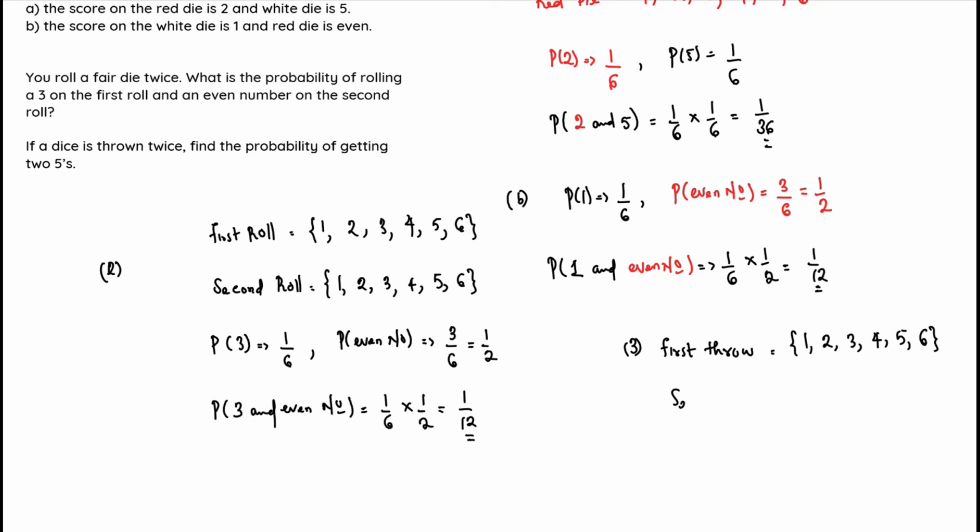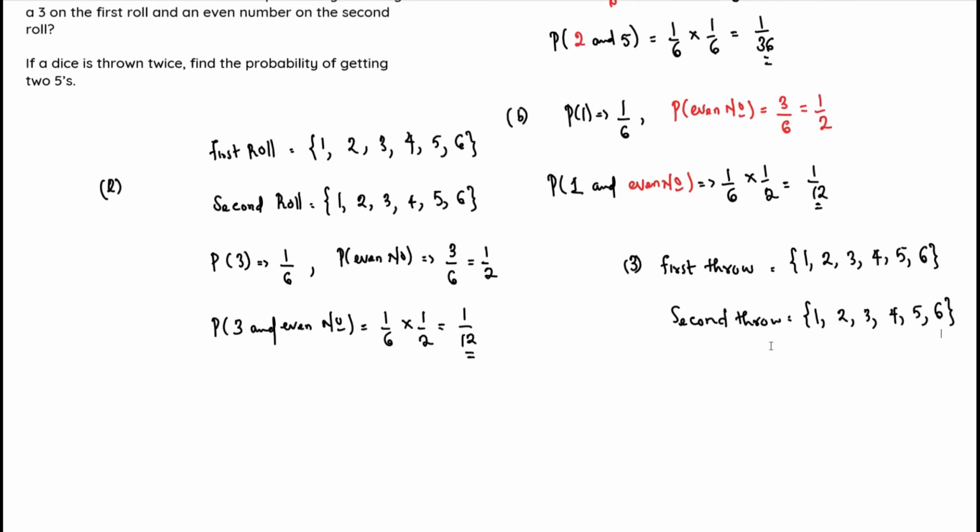And for our second roll, we have 1, 2, 3, 4, 5, and 6. The probability of getting a 5 on the first roll is equal to the number of 5s divided by the sample space of the experiment, and that is 1 divided by 6. And the probability of getting a 5 on the second roll is also equal to 1 divided by 6.